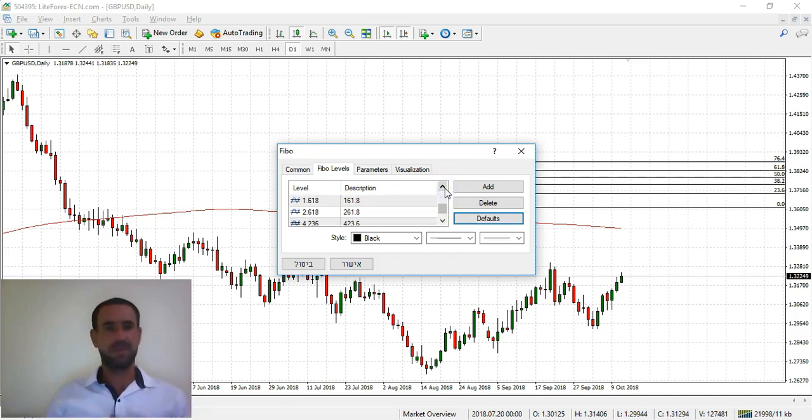Straight from the get-go, whenever you're using the application of correction analysis, you want to get rid of the higher numbers. So 100, 161.8, 261.8, 423. I'm deleting all of them. I'm also getting rid of this 0.